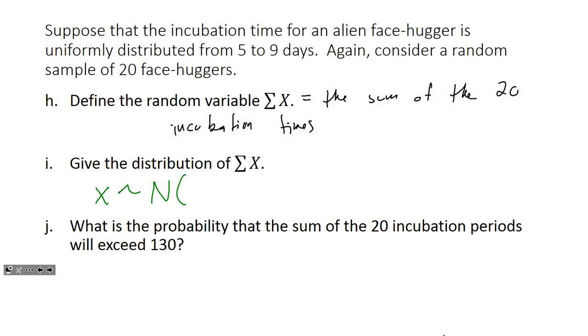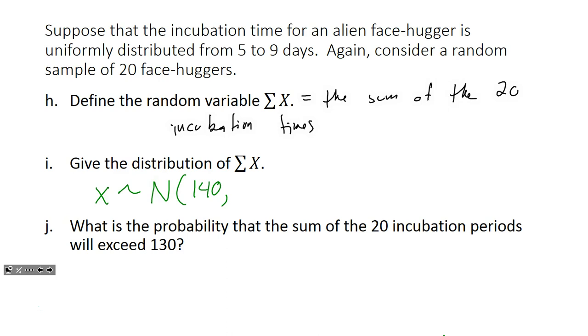It was the number between 5 and 9. Well, if the mean is 7 days apiece on average, but you have 20 of those and you're adding up all those, it'd be 7 times 20, wouldn't it? So the formula for it is n times the mean. 7 times 20 would be 140.